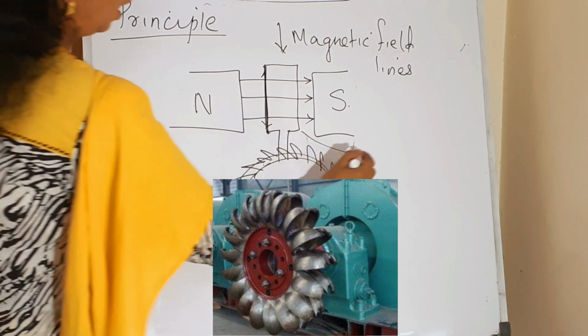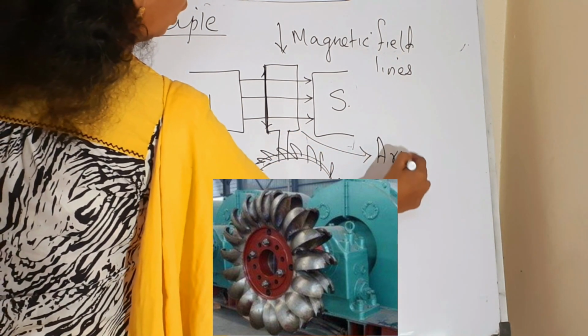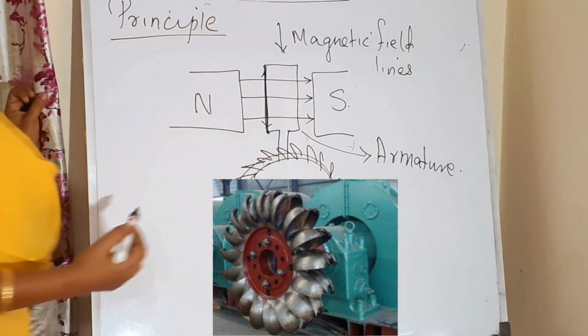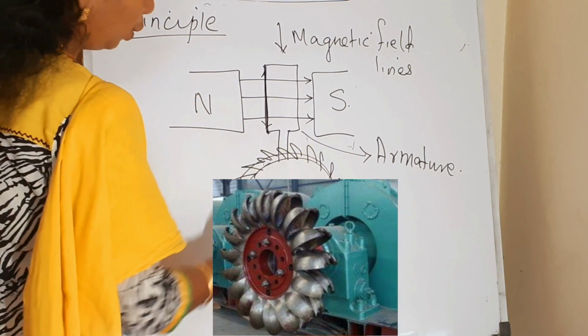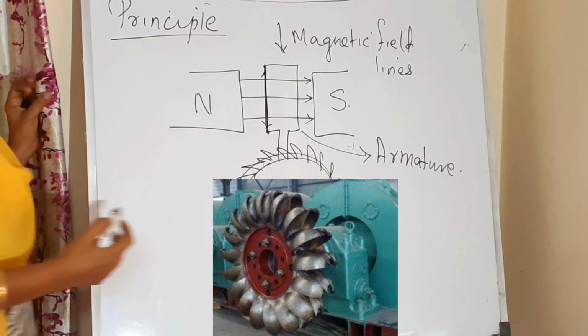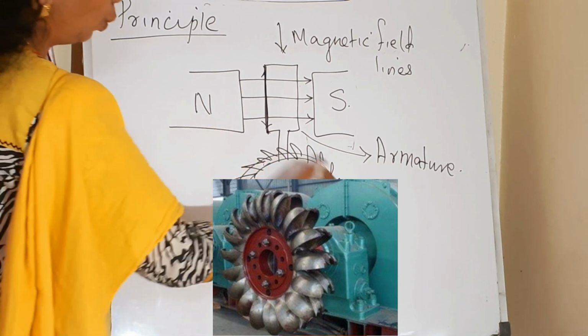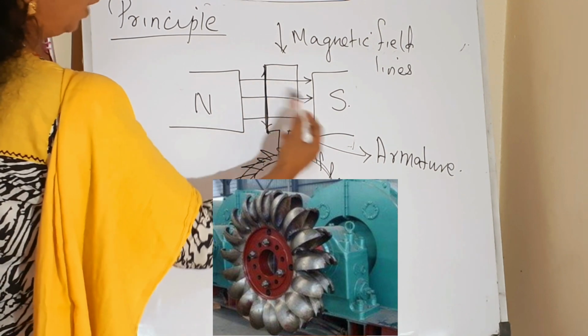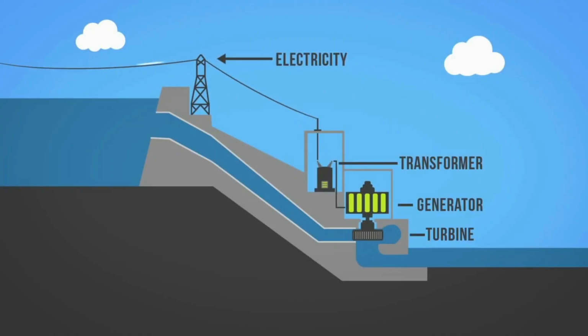A coil of wires stacked together is called the armature. It is then connected to a turbine. Now what happens? When you rotate this turbine, this coil will rotate. So when the coil rotates in this magnetic field, current is generated, AC is generated.